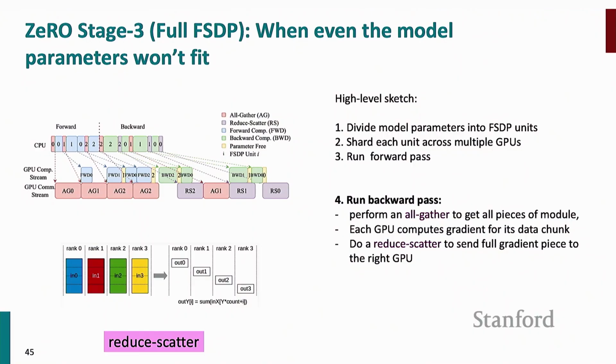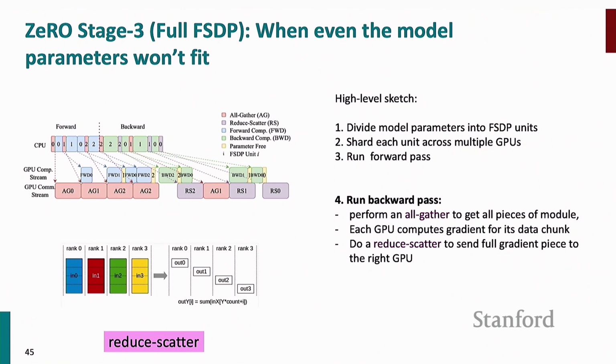But let's go through this step by step. The starting point here is FSDP units. So 0, 1, and 2 are different FSDP units. You start by wanting to run a forward pass on the first layer, but you don't have the first layer.